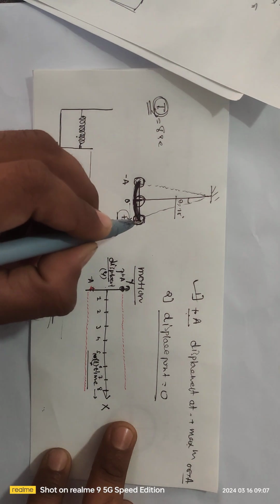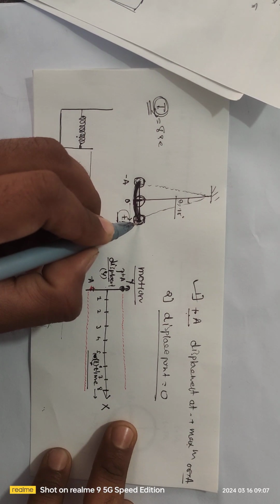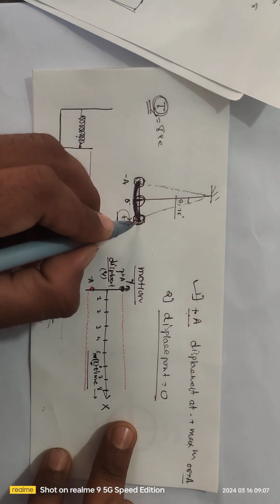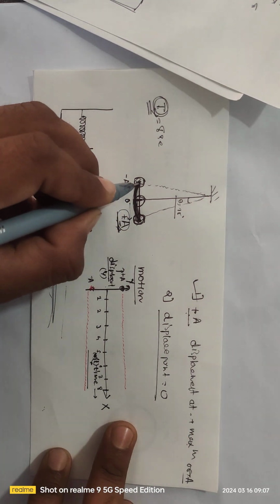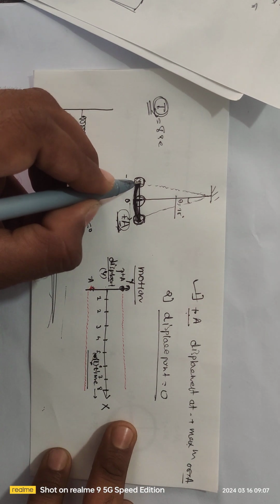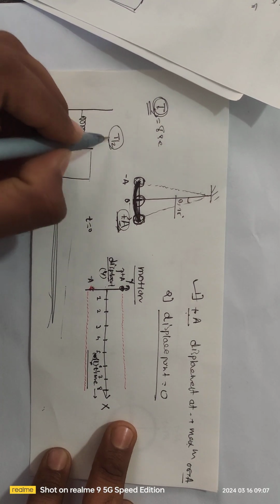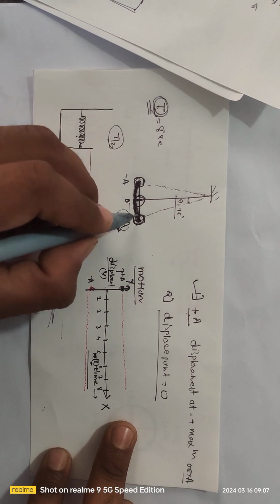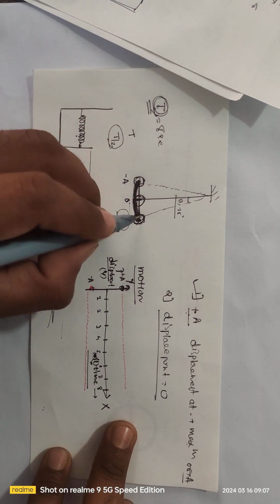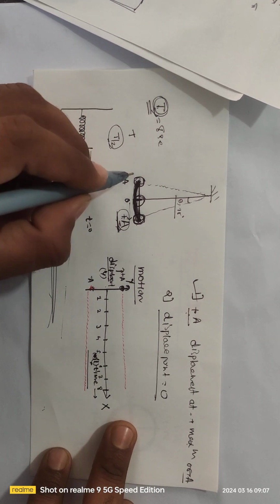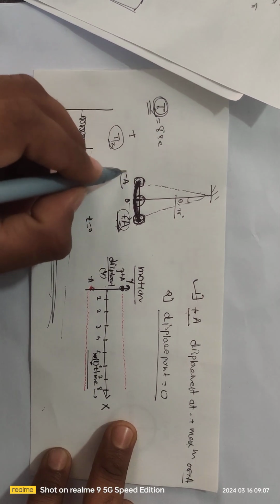To gain the same position it will take 8 seconds, so after 4 seconds the particle is in the negative direction. It is called T by 2. Why T by 2? One period means T, so at the half period it is at the position minus A.